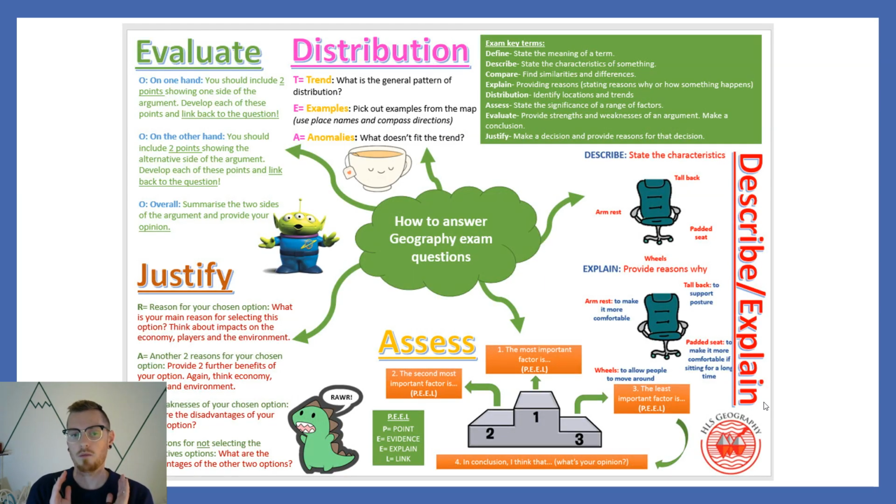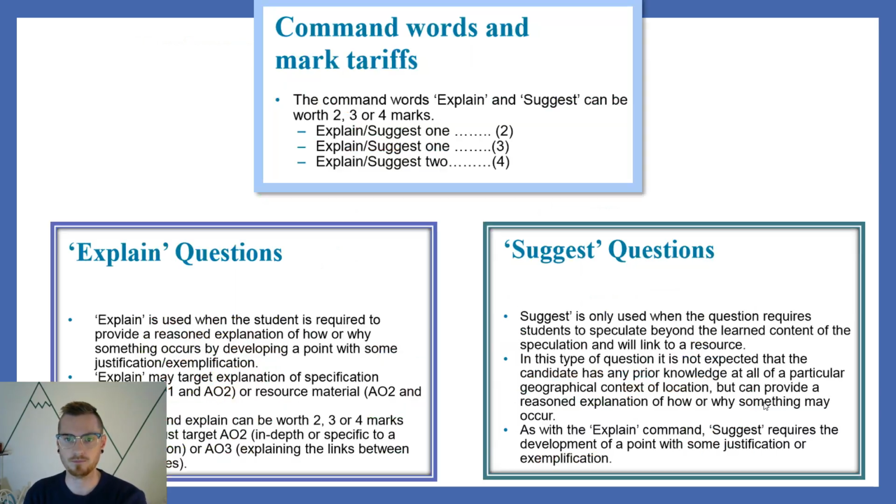Okay, my geographers, just a reminder that we've been using these structures for our paper 1, 2, and 3. Pause it, remind yourself of the structures, and let's dig into the different types of questions we might find on this paper. So, very quickly then, explain versus suggest questions. I've gone through this in paper 1 and 2. Major difference here. We could have 2, 3, or 4 markers on explain and suggest.